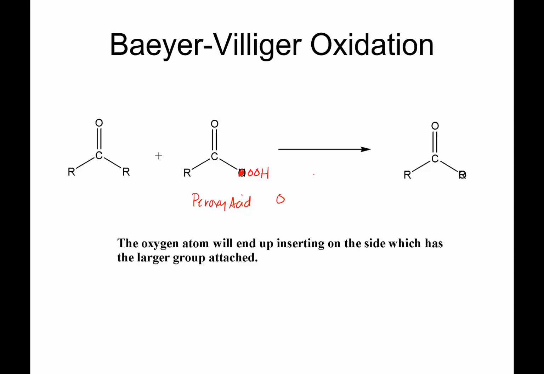First, it adds the oxygen to the double bond to make the epoxide. What's going to happen here? What's going to happen here is it's going to take that oxygen and it's going to add it in between the carbon and the alkyl group of a ketone. So over here, what I'm going to end up making is an ester. And what side of the ketone will that oxygen add on? It's going to add on to the side with the larger group.